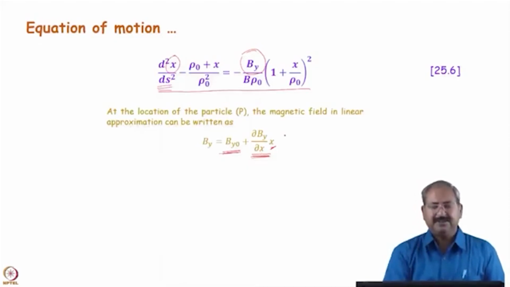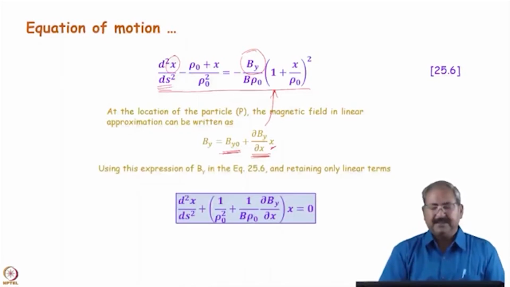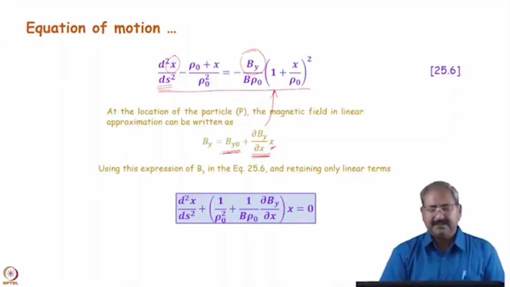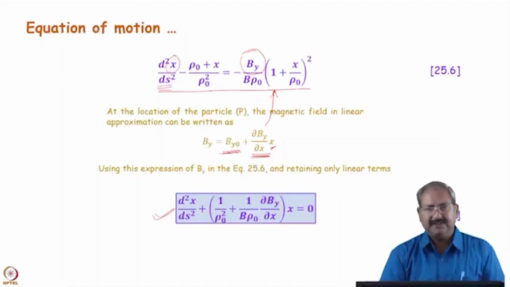Now in the equation of motion which we derived here, we will put this value of By. And after a little bit of arrangement of mathematical terms, you finally get this equation of motion. So this is the differential equation of motion in the accelerator coordinate system under the magnetic field, and that magnetic field is the dipolar field having some gradient in it.